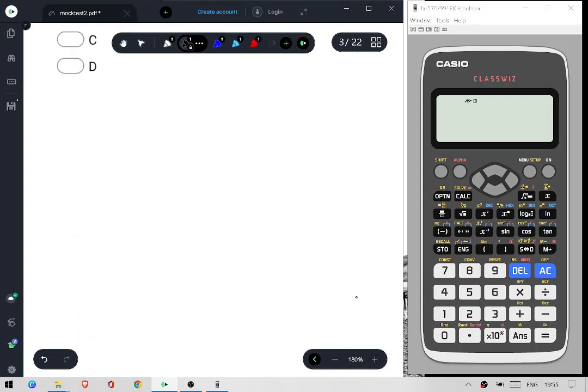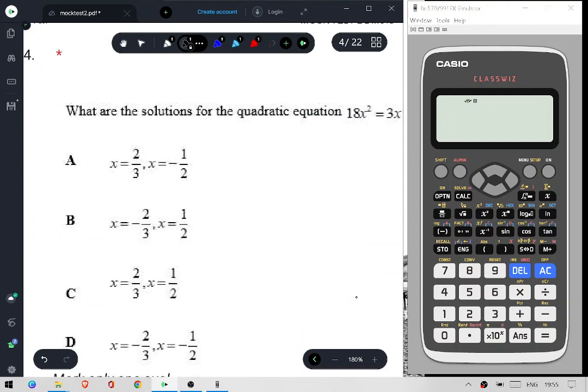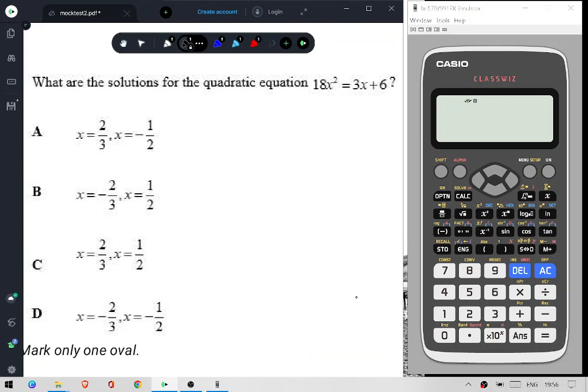Okay. So let's move on to the next question. Okay. Now, what are the solutions for the quadratic equation 18x squared equals 3x plus 6? Okay, I will show you on the calculator on the right hand side of our screen how to use EQN. Actually, most of you know already, but it's okay, I'll show anyway.